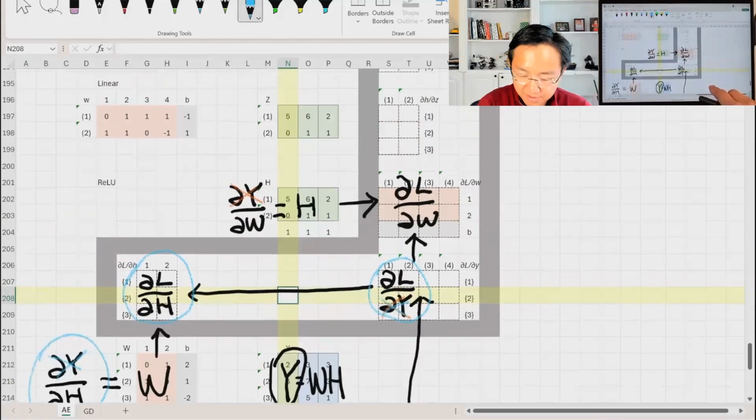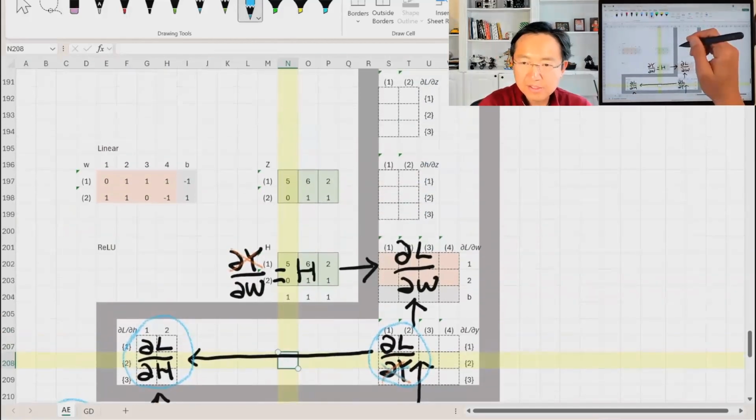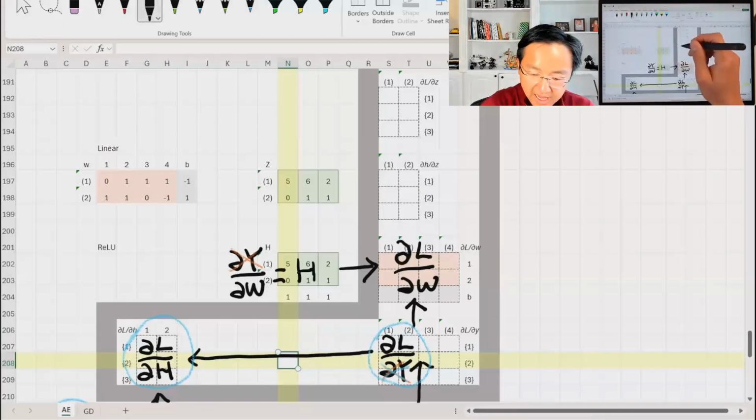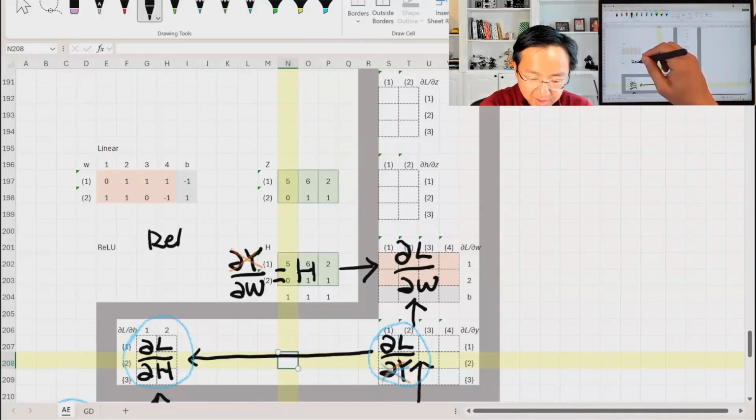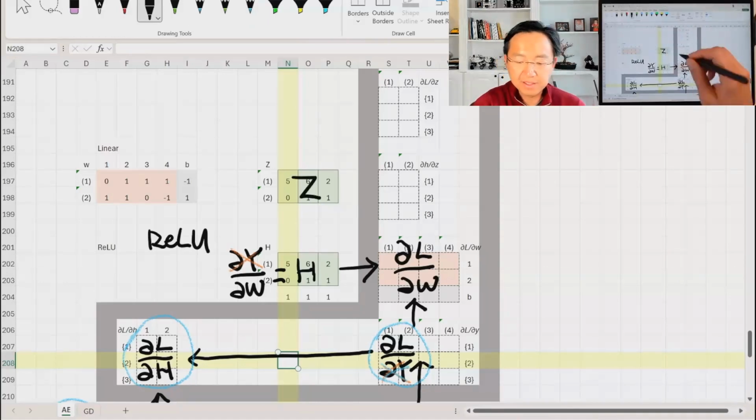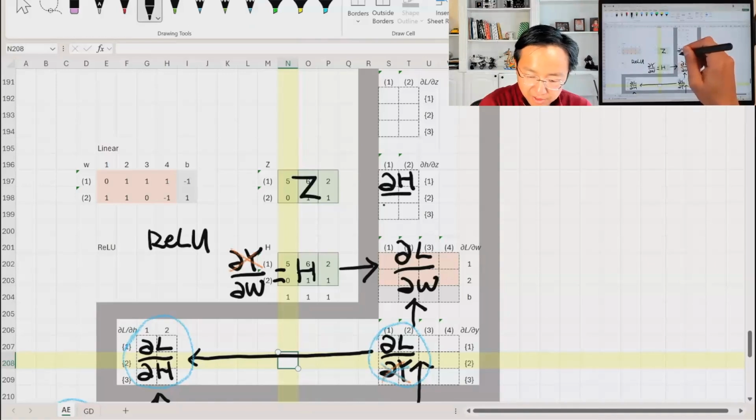Now we can keep moving up. So we have this local gradient over here, which is with respect to the ReLU activation function. Suppose we have H, and this is Z, which is before activation. What would be the difference between the two? So H over Z, suppose we calculate it over here.